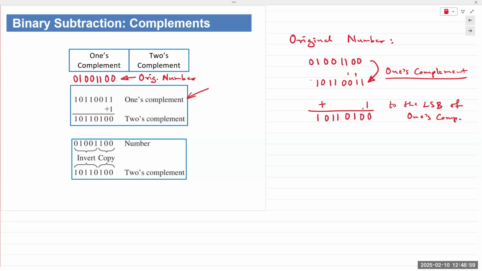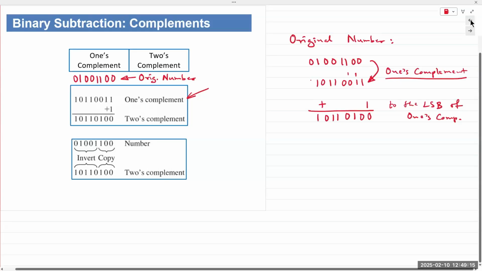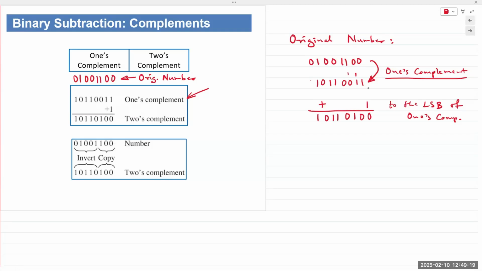Right now we're just looking at ones and twos complement. Then I'll show you on the next slide, we'll do a small example. All right, so 1, 0, 1, 1, 0, 0, 1, 1 is the ones complement. You add plus 1 to that ones complement, and you obtain 1, 0, 1, 1, 0, 1, 0, 0.